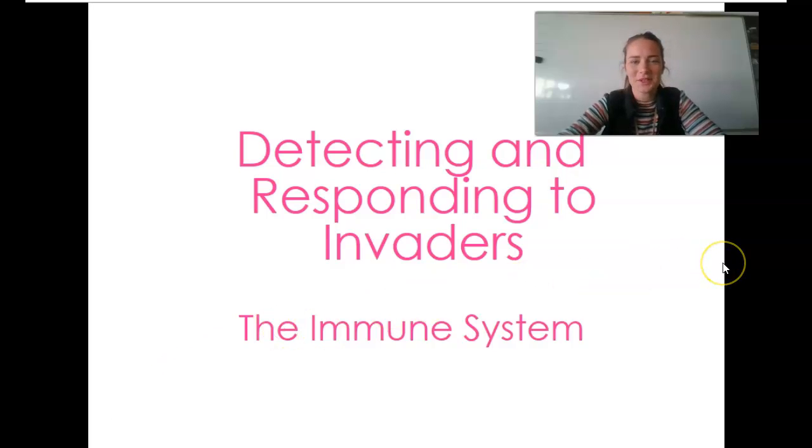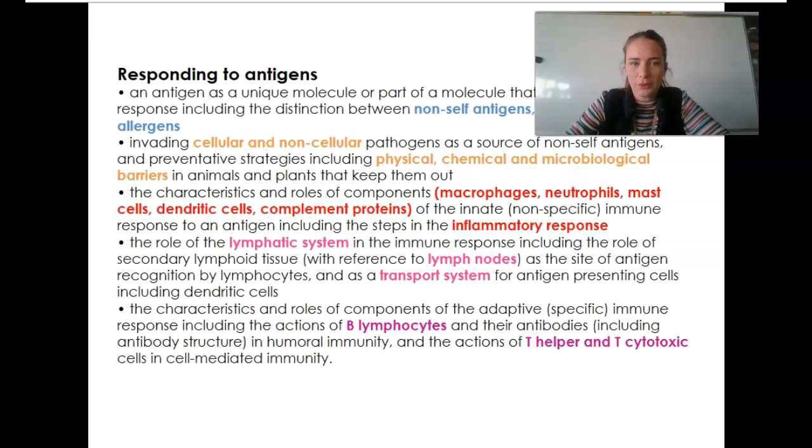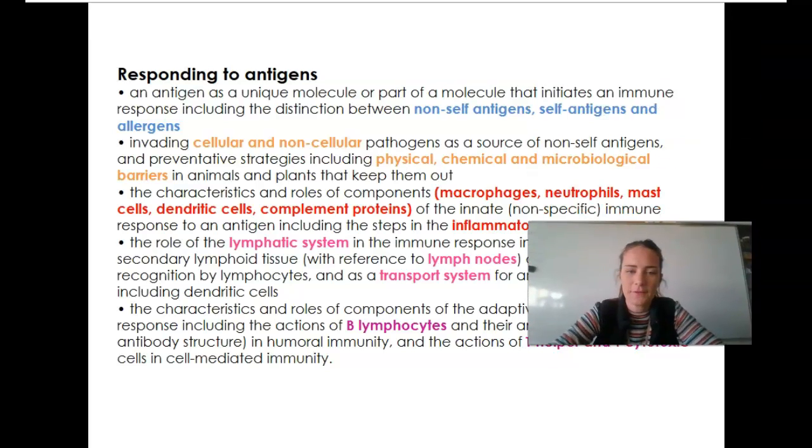But here we go. So we're talking about chapter 7, and we are focusing this time on 7.2, which is all about the innate immune system. Just doing a quick recap. So this is the key knowledge that we want to work our way through at the moment.